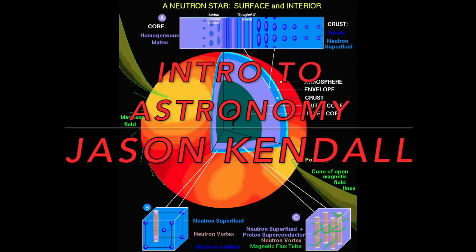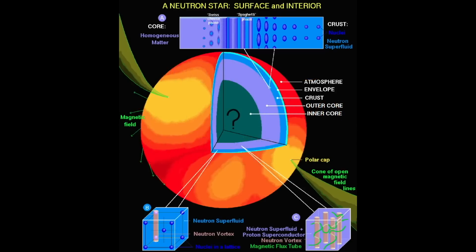So let's go back and look at what we learned about neutron stars last time, which was that they're really small, really dense, kind of like an atomic nucleus all on its own. The magnetic field is extraordinarily large, and the escape speed is nearly the speed of light.